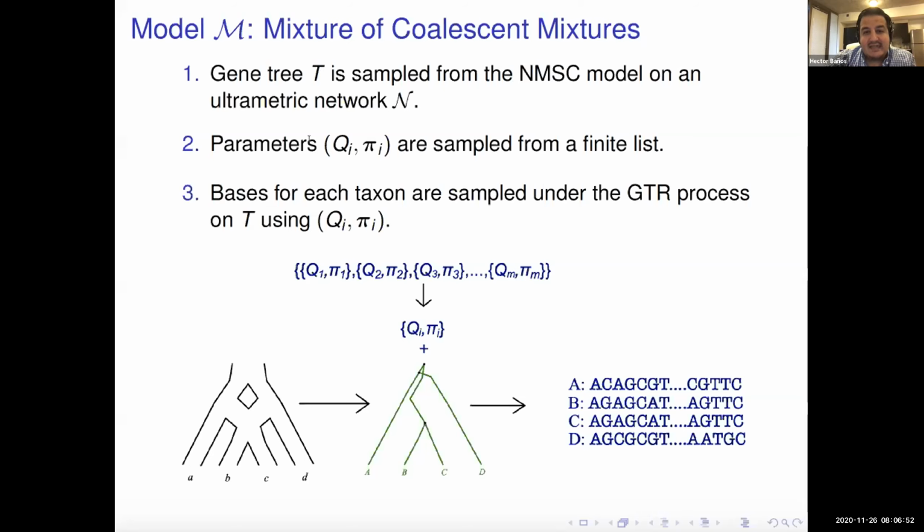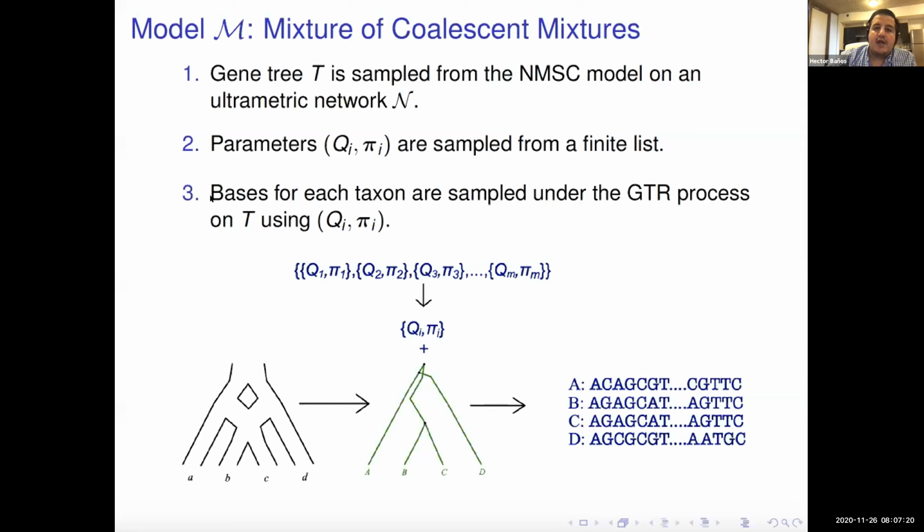Then we select parameters Qi and Pi from a finite list. So we have a list of sets of parameters, a matrix Q and a distribution Pi, and we will sample one at random. And then once we have our sample tree and our sample parameters, we generate sequences as described under the GTR process, that's our step 3.